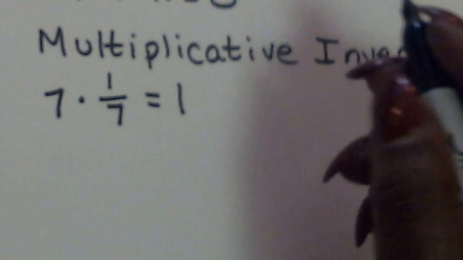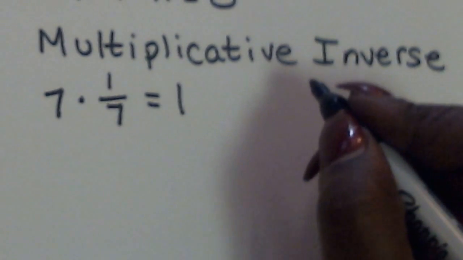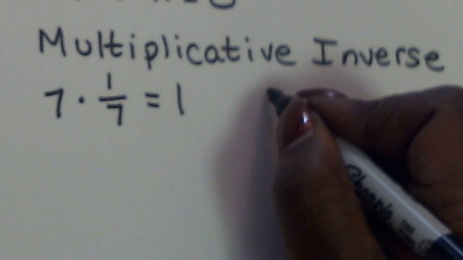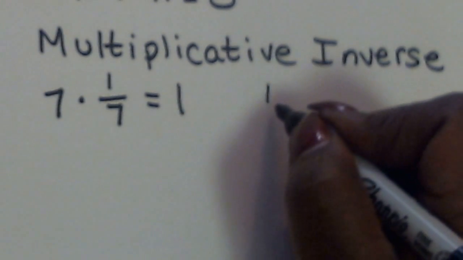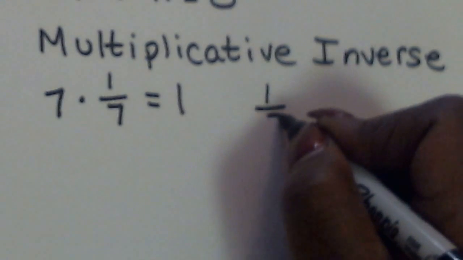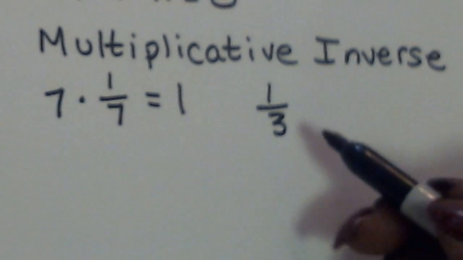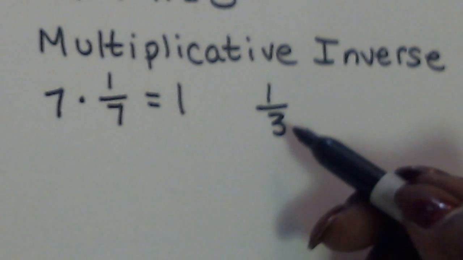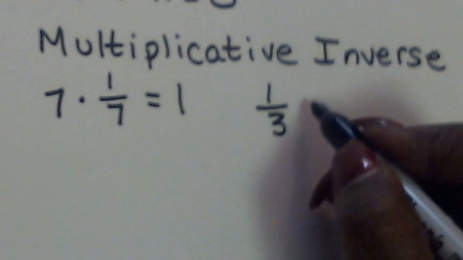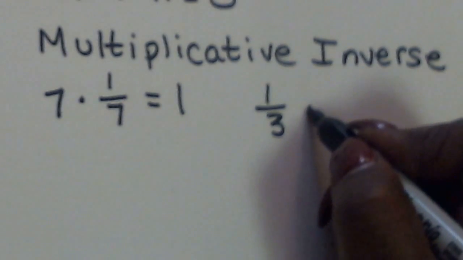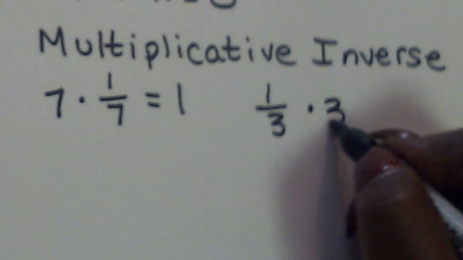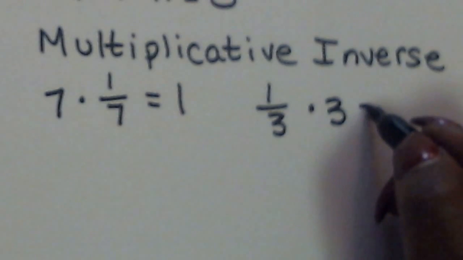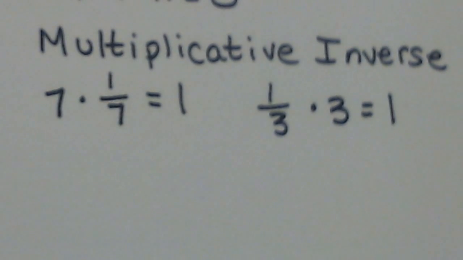Now if I was given the fraction, let's see, 1/3, I would need to find the number that I could multiply to 1/3 to make it equal 1. So I would multiply it by 3. 1/3 times 3 equals 1.